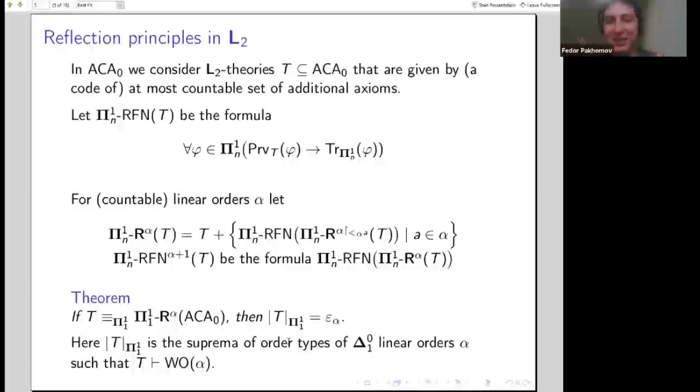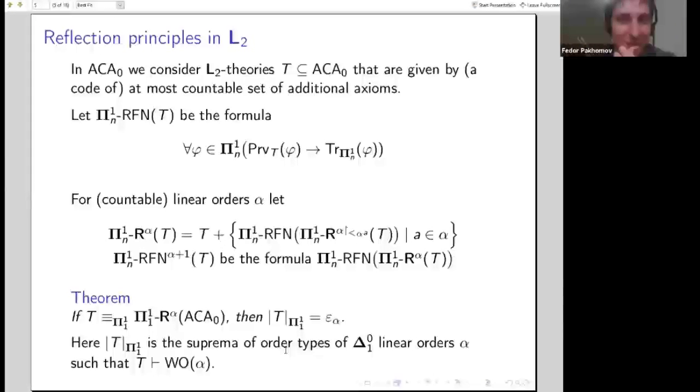Because if you work in ACA naught, we could show that if alpha is an ordinal, then omega to alpha is well ordered, and thus the suprema of order types of provably well-ordered binary relations will by necessity be an epsilon number, because it should be closed under omega exponentiation.